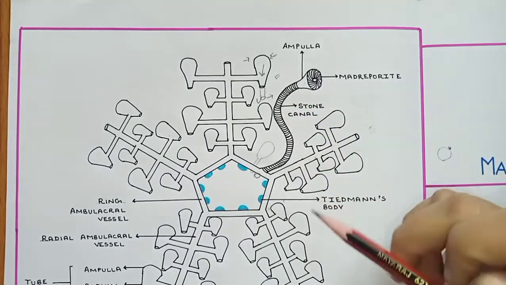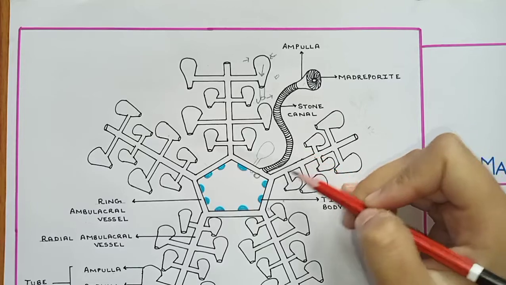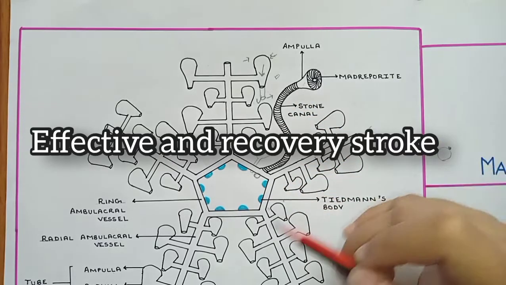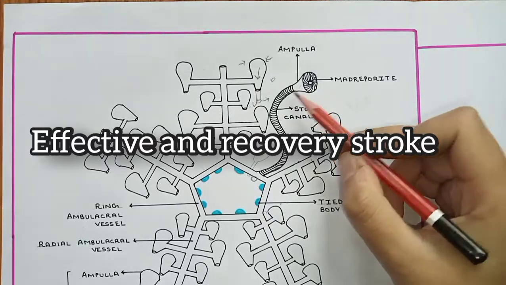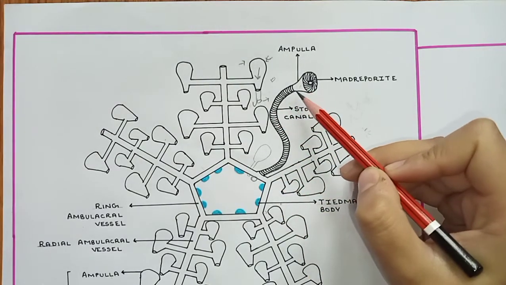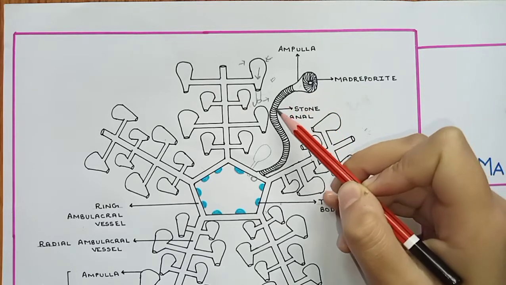The inner wall of the stone canal consists of flagellated cells, and because of their effective and recovery stroke, they help the water to get drawn from the Metroporite into the stone canal.